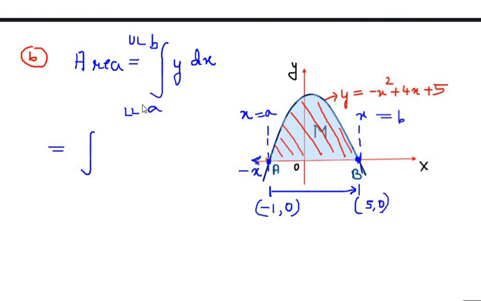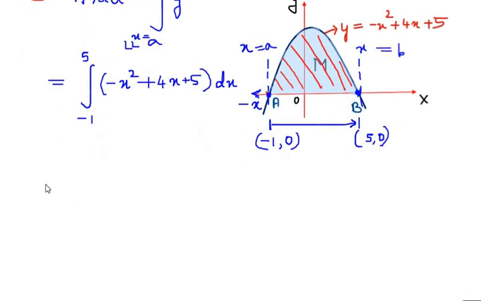So we are going to use the x values over here because we have x equal to a to x equal to b, that is between these two lines. So from -1 till the upper limit 5. The y equation is already given here, so let me put in a bracket -x² plus 4x plus 5, dx.